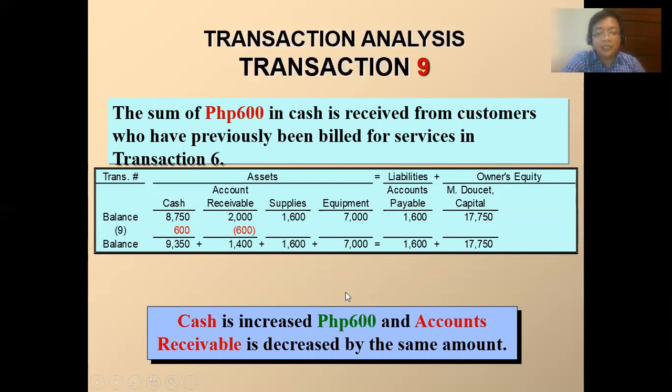Same pa rin, 19,350. Why? Because you just add 600, but you minus it from your accounts receivable. And you have the same amount of assets. Yeah? That's why you have the same balance of 19,350. So cash is increased by 600 and AR naman is decreased by the same amount.